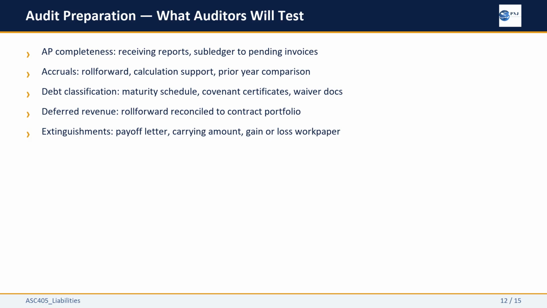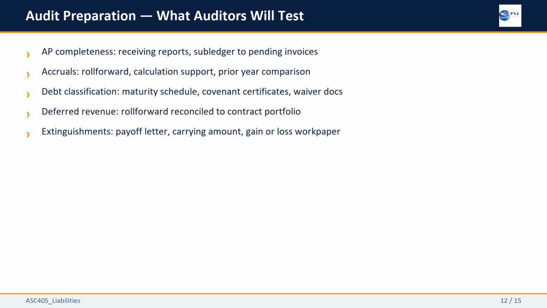If you know what auditors are going to test, you can prepare your work papers before they walk in. For accounts payable, they will check completeness by comparing your receiving reports near period end to your AP subledger, looking for anything received but not recorded. For accruals, they want a roll forward of each category with supporting calculations and a comparison to prior year amounts.